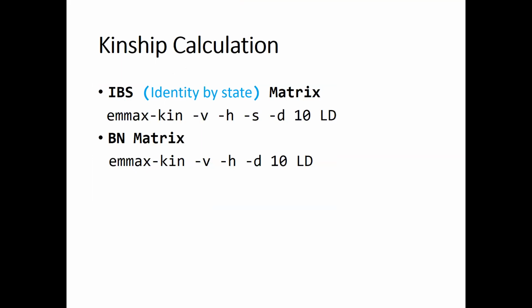EMMAX has a function for calculating the kinship matrix. The software provides two ways of calculating kinship, that is IBS and BN. The code below represents the two different kinship matrix calculations. This is the IBS matrix and this is the BN matrix.